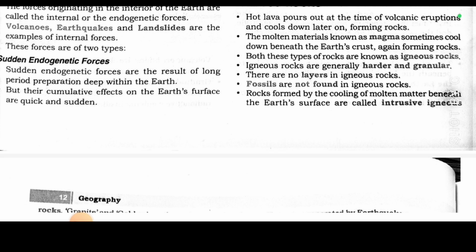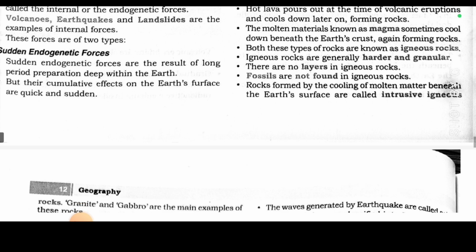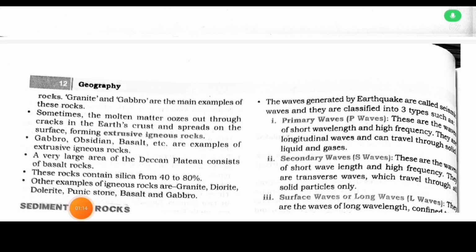Rocks formed by the cooling of molten matter beneath the Earth's surface are called intrusive igneous rocks. Granite and gabbro are the main examples of these rocks. Sometimes the molten matter oozes out through the cracks in the Earth's crust and spreads on the surface, forming extrusive igneous rocks.